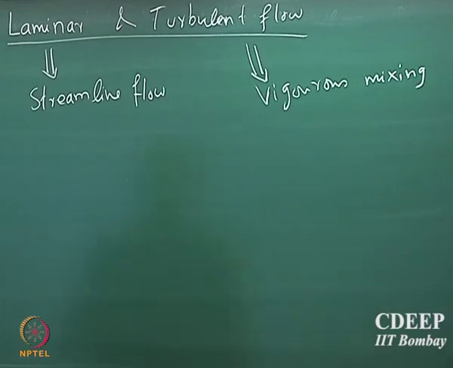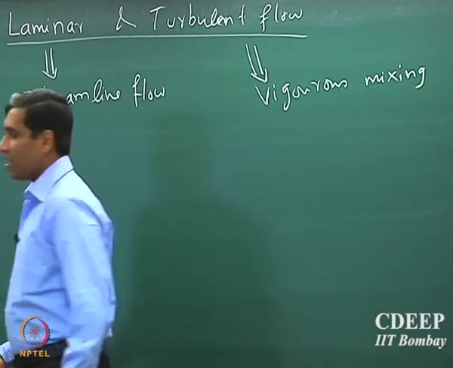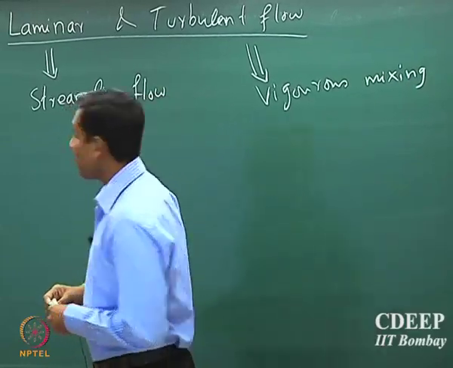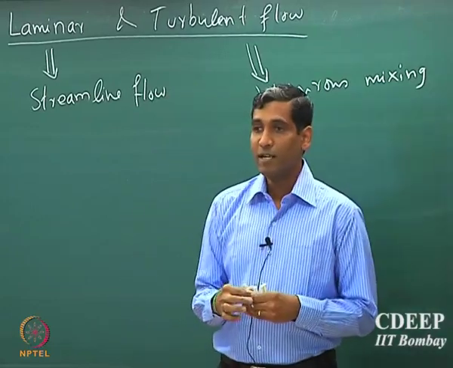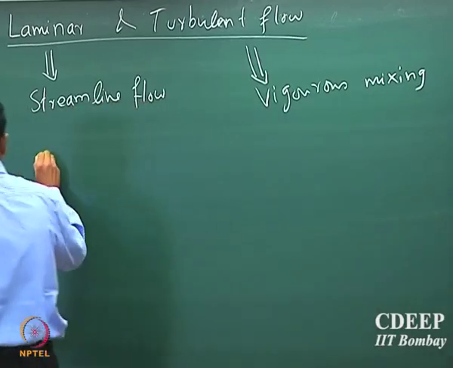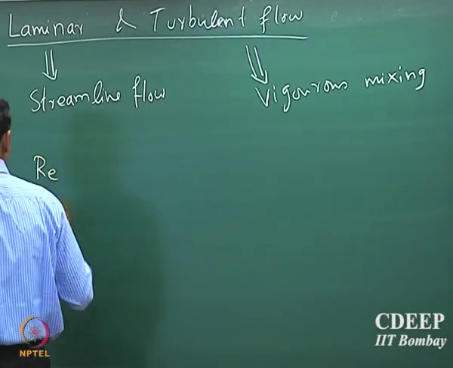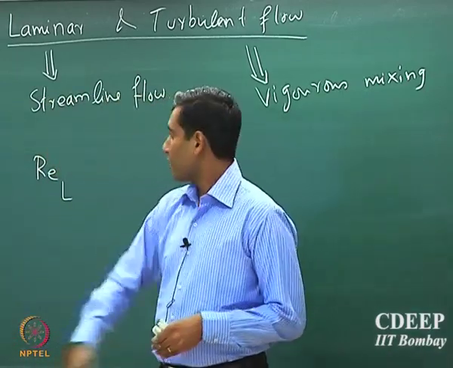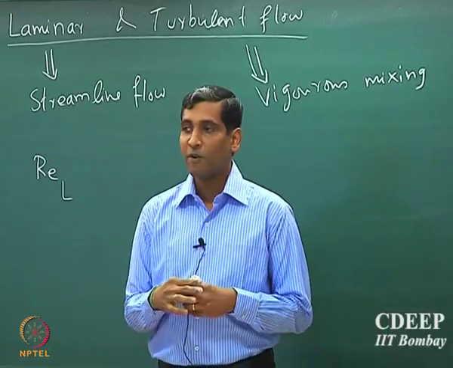Okay. So now what's the characterizing number which tells you whether it is laminar or turbulent? It's called the Reynolds number. Now what's the Reynolds number range for a flat plate where you will have laminar flow?